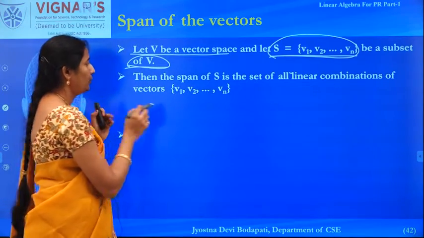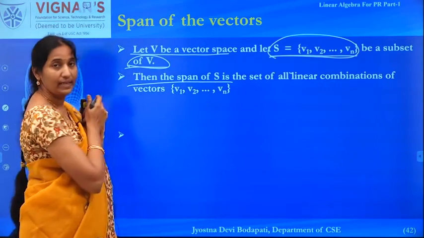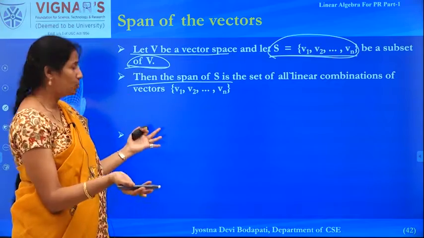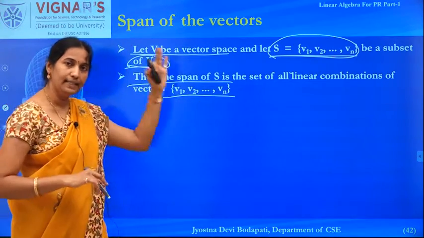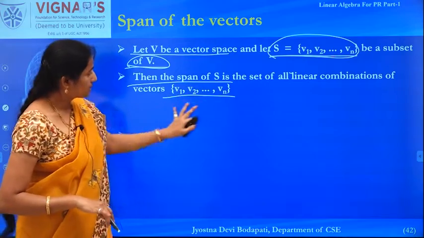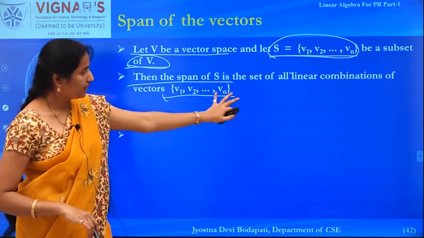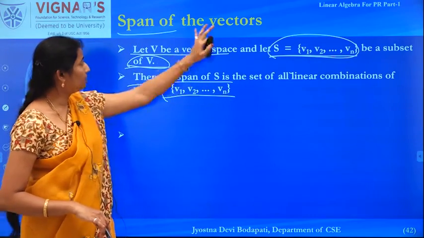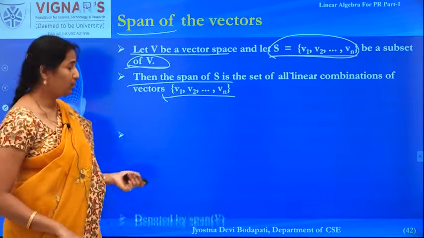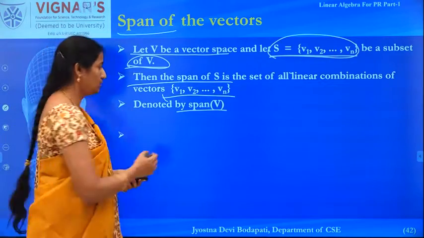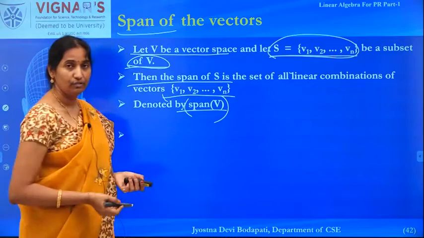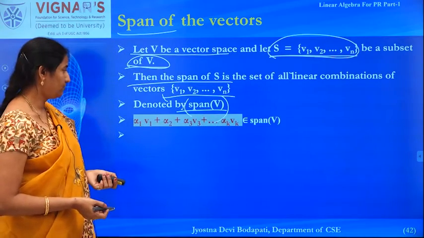Then you can define the span of the vectors as all the linear combinations of the vectors v1 to vn. All the linear combinations of this set of vectors form the span of the vectors, and it is always denoted using the word span of this set of vectors. So that's how you can define it.